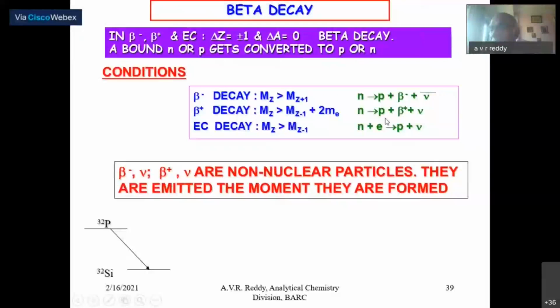For particle statistics, there is one particle, one antiparticle. You get a neutrino here.